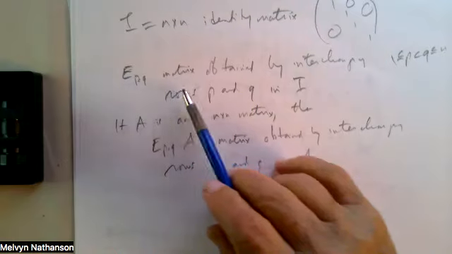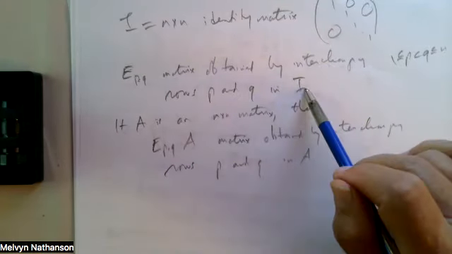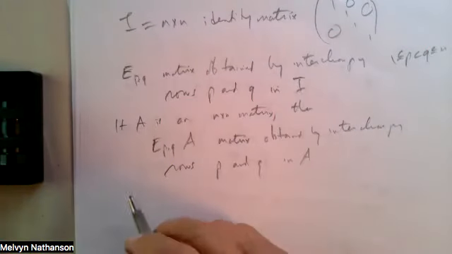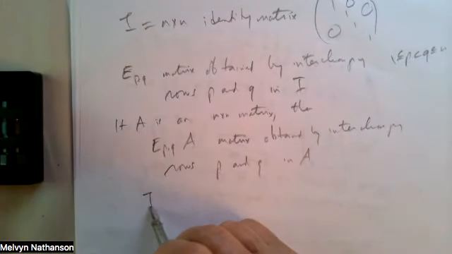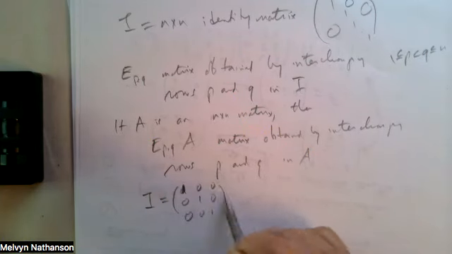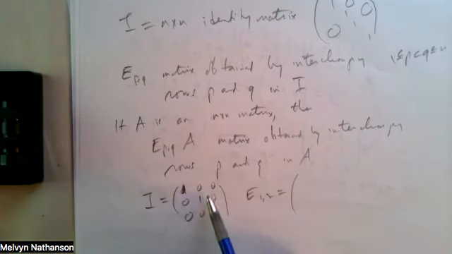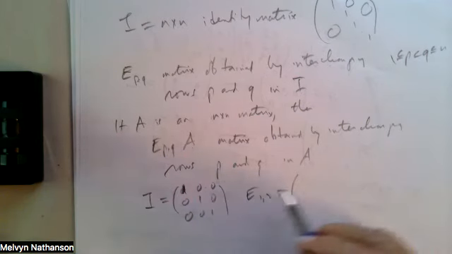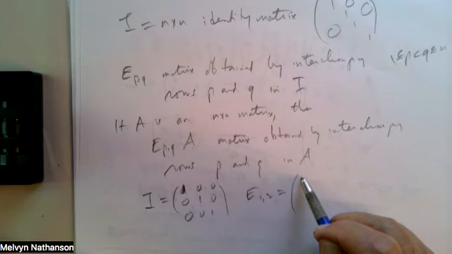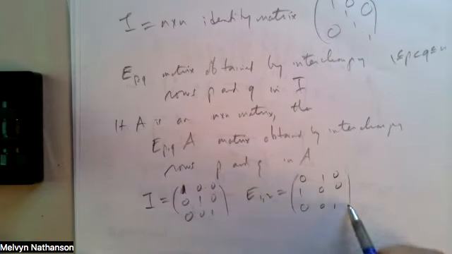And EPQ is the matrix obtained by interchanging rows P and Q in the matrix I. So for example, if I is the 3 by 3 identity matrix, then E12 is the matrix you get by interchanging rows 1 and 2 in I. You get 0, 1, 0, 1, 0, 0, 0, 0, 1.